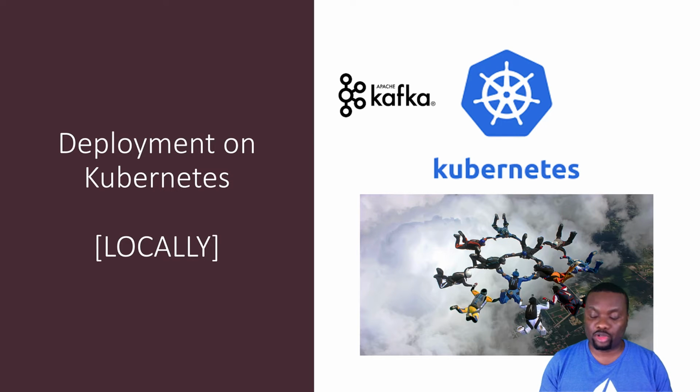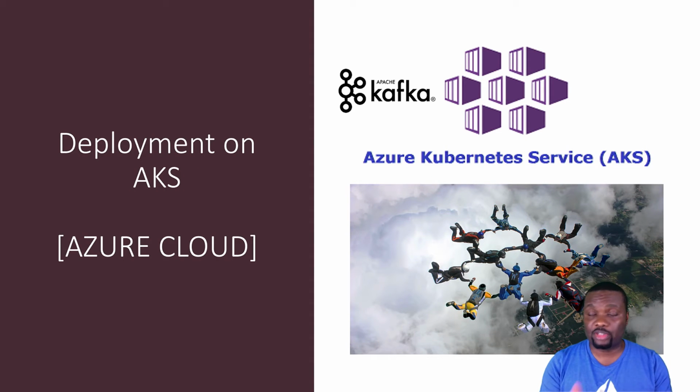So that's our focus right now in this video, and in the subsequent video, we're going to be doing exactly the same thing. However, the Kubernetes cluster is going to be running on Microsoft Azure, and there are some slight differences between running it on a Kubernetes cluster locally and running it in the cloud. One of those differences is that the local version does not have persistent volume, and also it does not use a load balancer to route the services. So those are the two main differences.